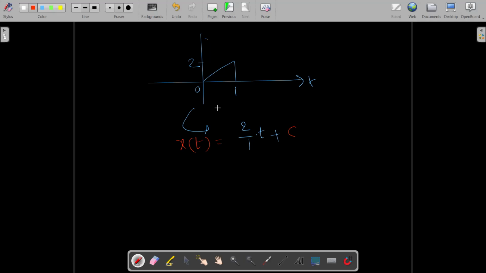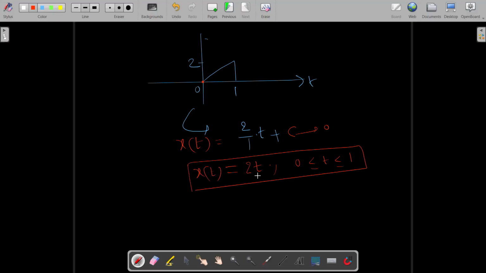Because if you substitute time t equal to 0 here, it is going to be 0, so the same should be satisfied here. For that reason, this c is going to be 0. Therefore the expression for x of t is going to be 2t, for 0 less than or equal to t less than or equal to 1. So therefore we got the expression. It is nothing but 2t.